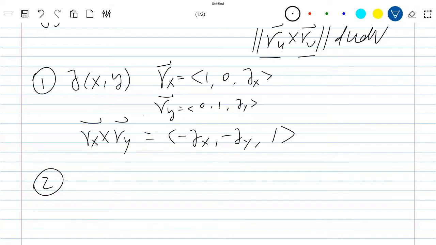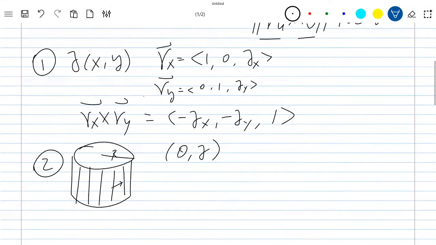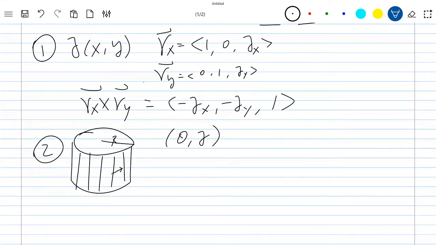Second case, we are talking about a cylindrical surface. Suppose you have a point here, and by the way, when we say cylindrical surface, we mean this r is a constant. So the parameterization is in theta and z, not in r, because r is fixed. Then this is r theta, and this is rz.